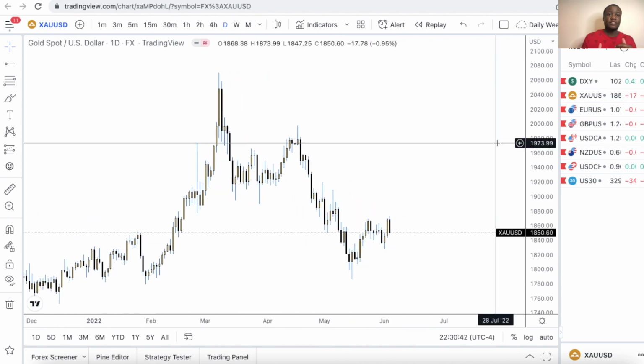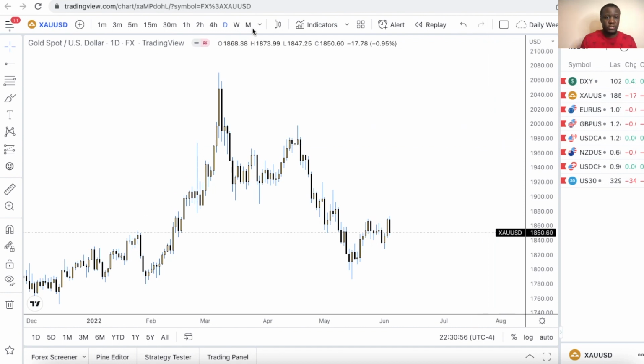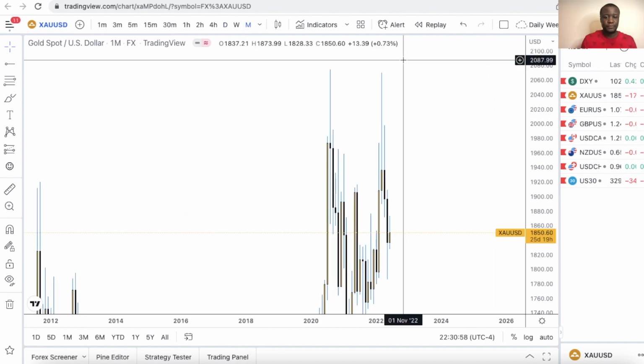Those levels that I just talked about, recent highs, recent lows, return candles, and fair value gaps, are the only key levels I will use to know where the market is going or where the market could potentially head to. So we'll start with the monthly level.